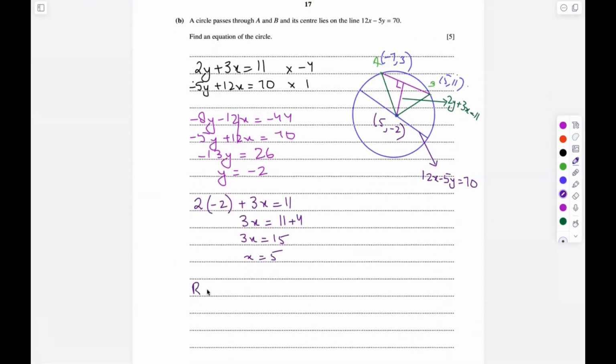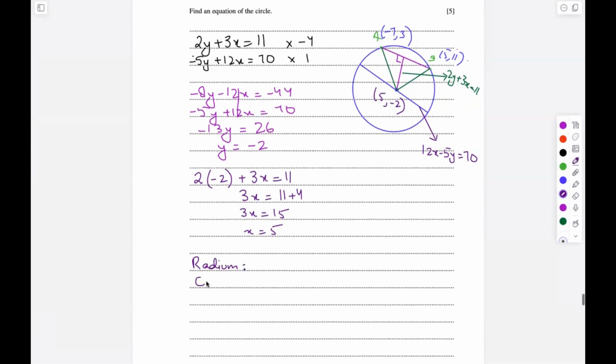So the radius will be equal to the distance of the center from B or the center from A. So finding the distance CB, where C is the center and B is the point on the circumference, we can use (x2 - x1).